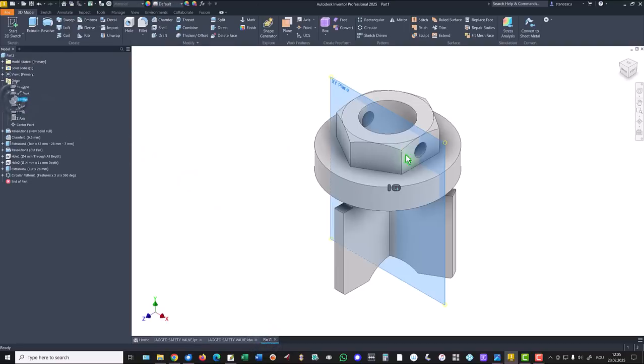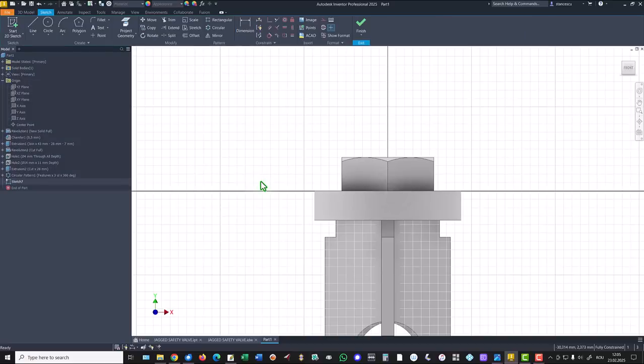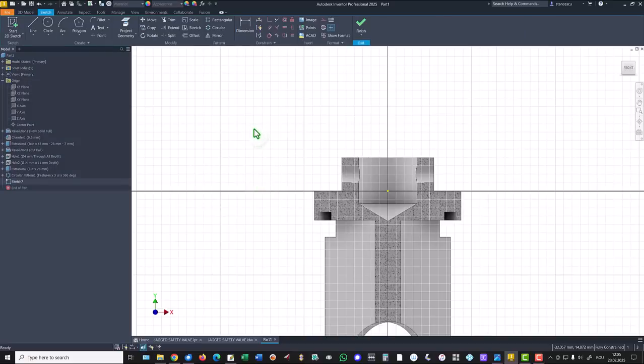We use this plane, XY, F7, and we draw a circle with a radius of 10 with the center on the same vertical with a center point and at a distance of 13 from up.